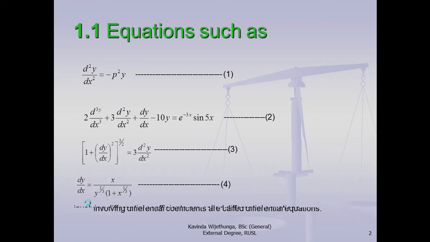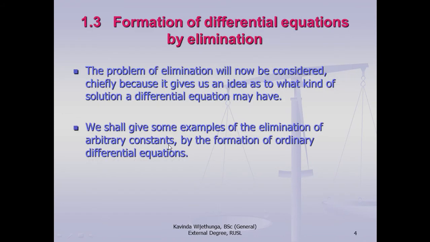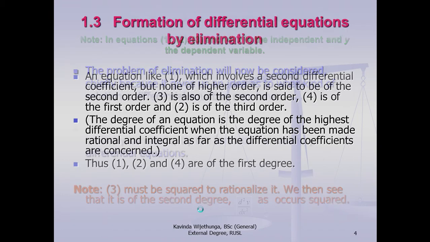So here it is mentioned, note: 3 must be squared to rationalize it. So we squared and we can rationalize this. When you see it is of second degree, as it occurs squared, then we see that it is second degree. I showed you how we can take that as degree 2, right?